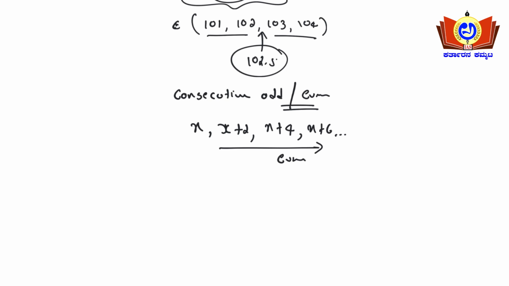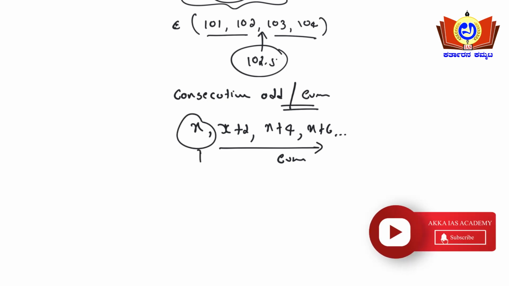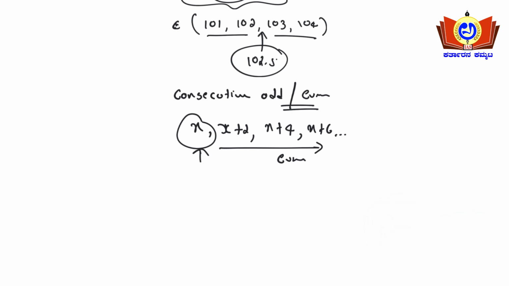The value we substitute for x makes this series consecutive odd or consecutive even. If we substitute x as 1, then 1 plus 2 will be 3, 1 plus 4 will be 5, and 1 plus 6 will be 7.